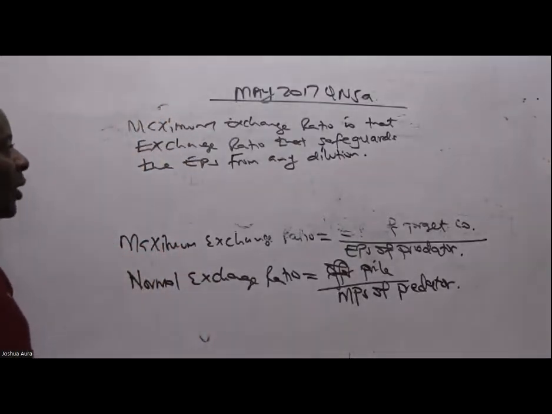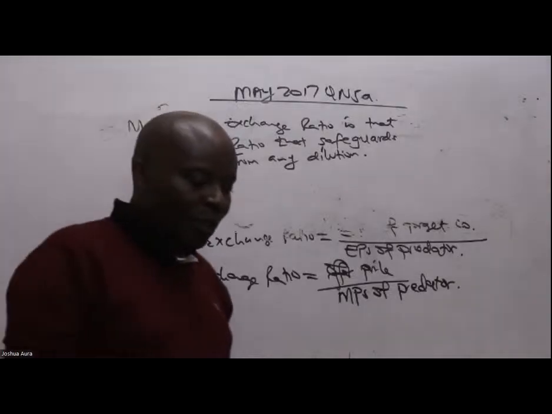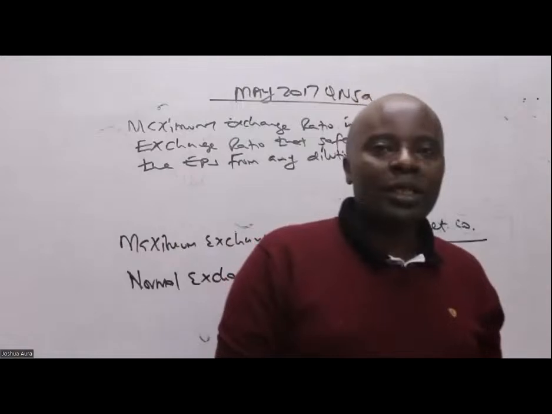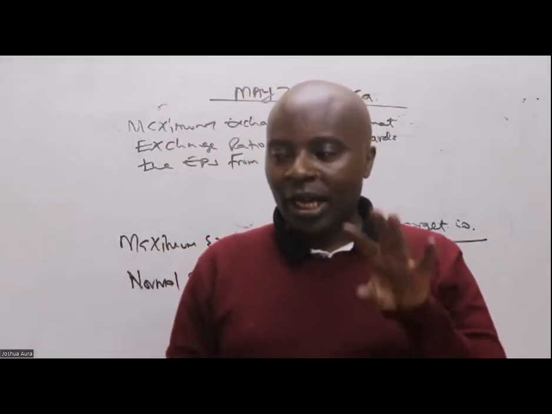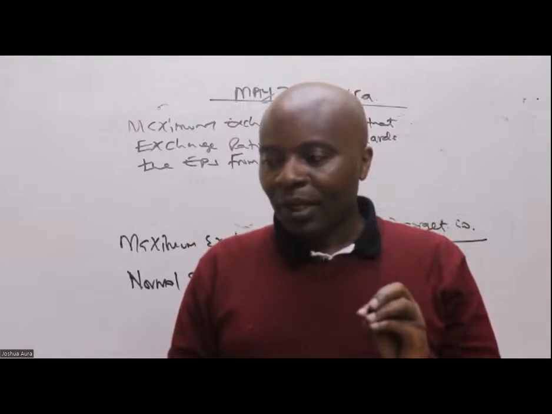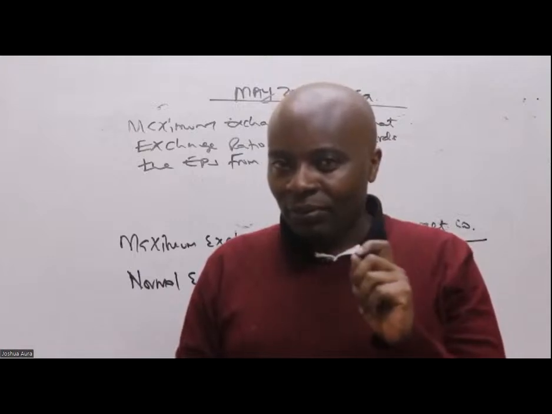So the maximum exchange ratio is that exchange ratio that safeguards the EPS from any dilution. You know, outside there in the US, in the UK, when you are a CEO and the company that you are leading has been posting an EPS of 10 bob.